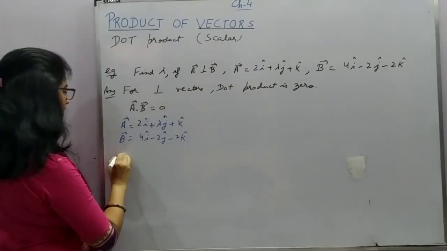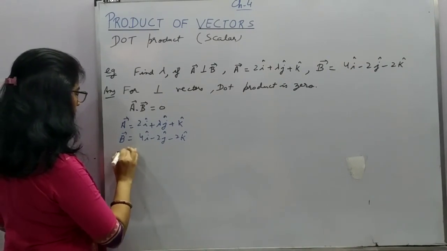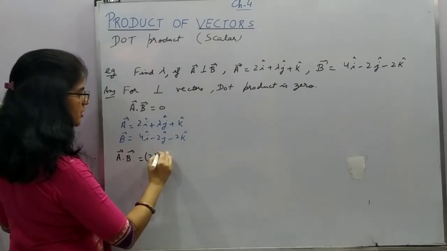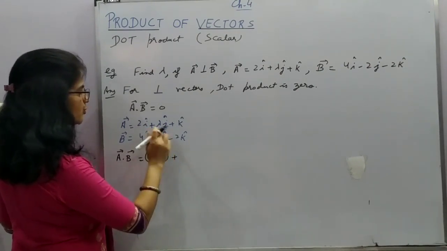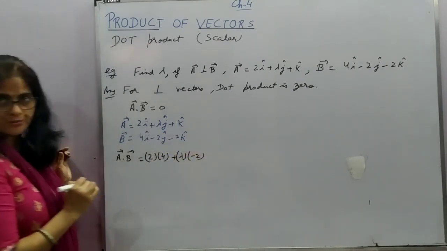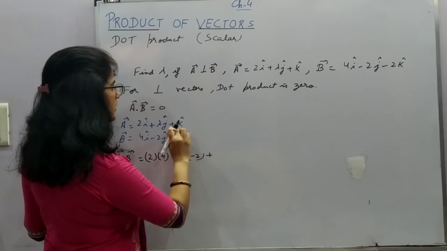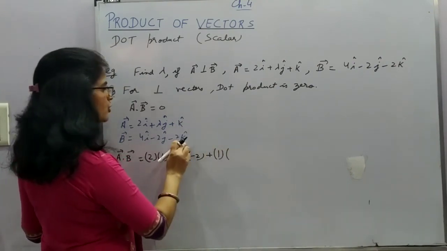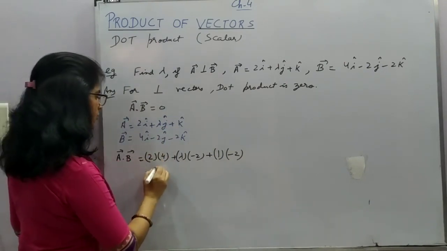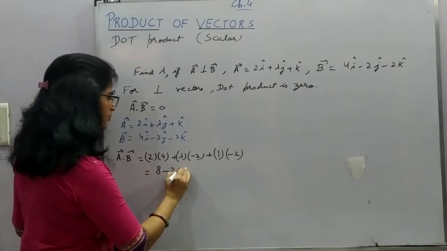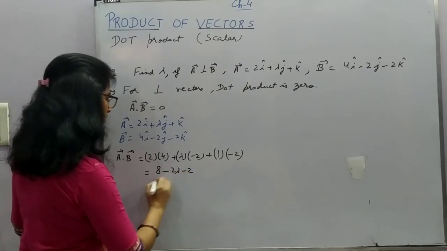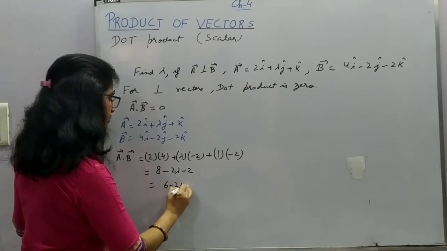So a dot b is equal to 2 times 4, plus lambda times minus 2, plus 1 times minus 2. And this a dot b comes out to be 8 minus 2 lambda minus 2, so this comes out to be 6 minus 2 lambda.